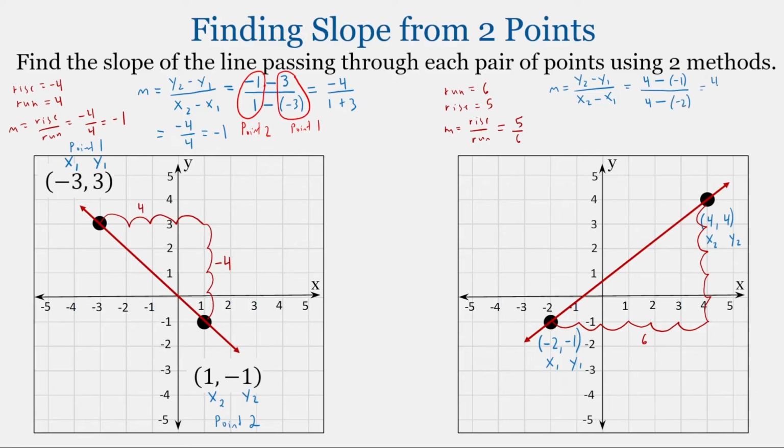So this is 4 plus 1 all over 4 plus 2, which is equal to 5/6. Again, positive slope, and our line goes up from left to right.